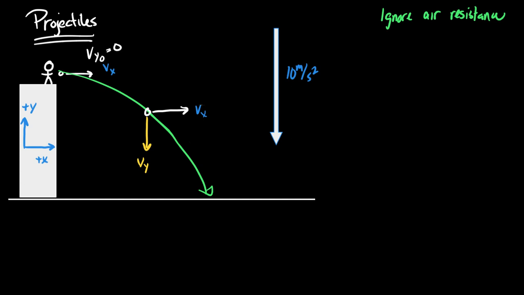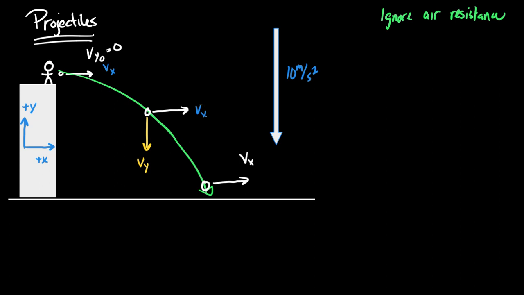Because I'm also imagining that after a few more moments, the object almost makes it to the ground. At this time, the horizontal velocity has not changed at all. It's a constant. It's only accelerating in one dimension, so its horizontal component stays the same the whole time.